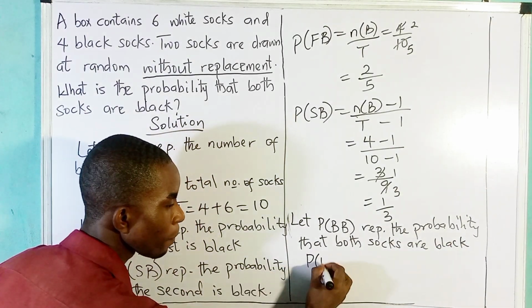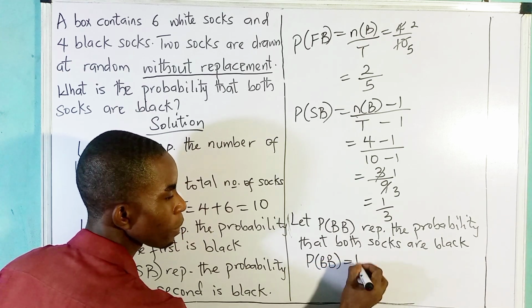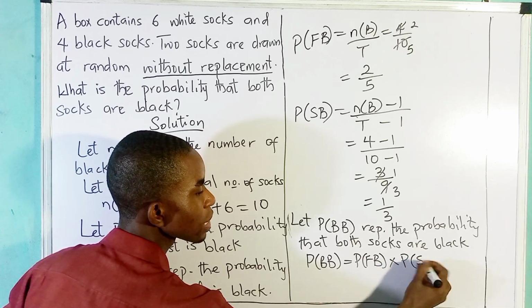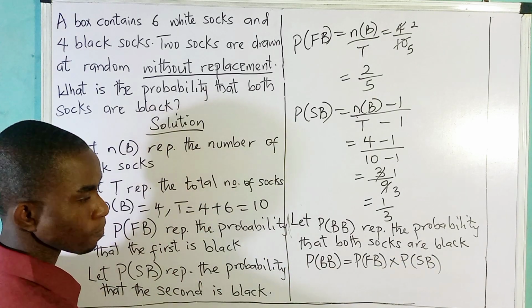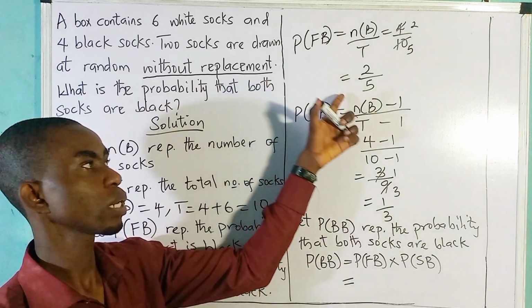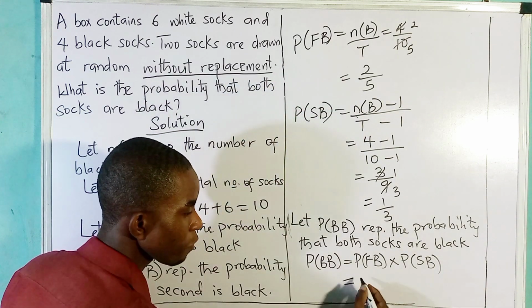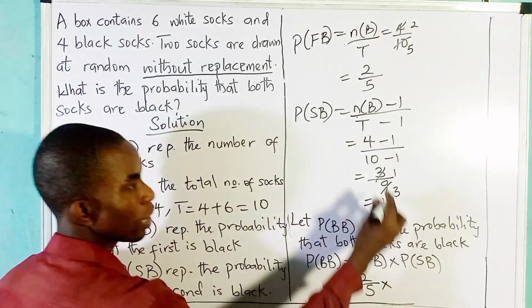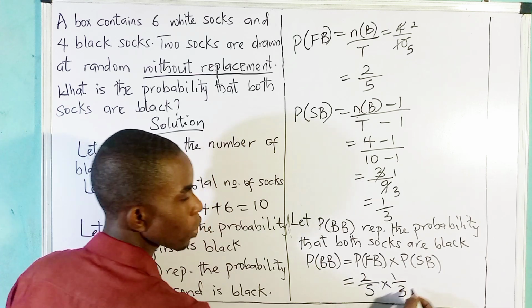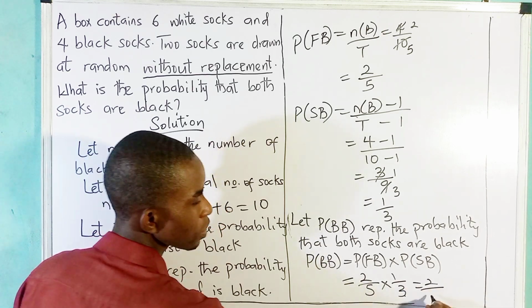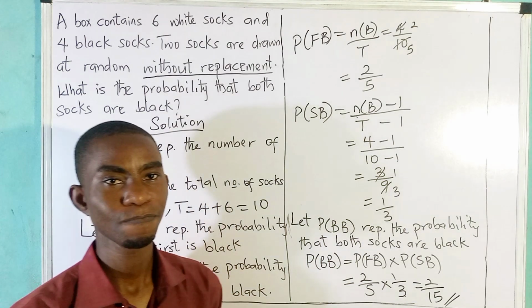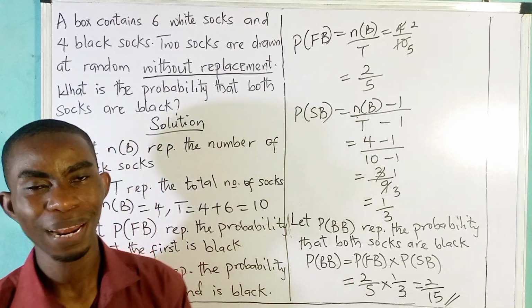The probability that both socks are black will be equal to the probability that the first sock is black multiplied by the probability that the second sock is black. We've already worked on these: PFB is 2/5 and PSB is 1/3. 2 times 1 is 2, 5 times 3 is 15. So 2/15 is the probability that both of them are black.